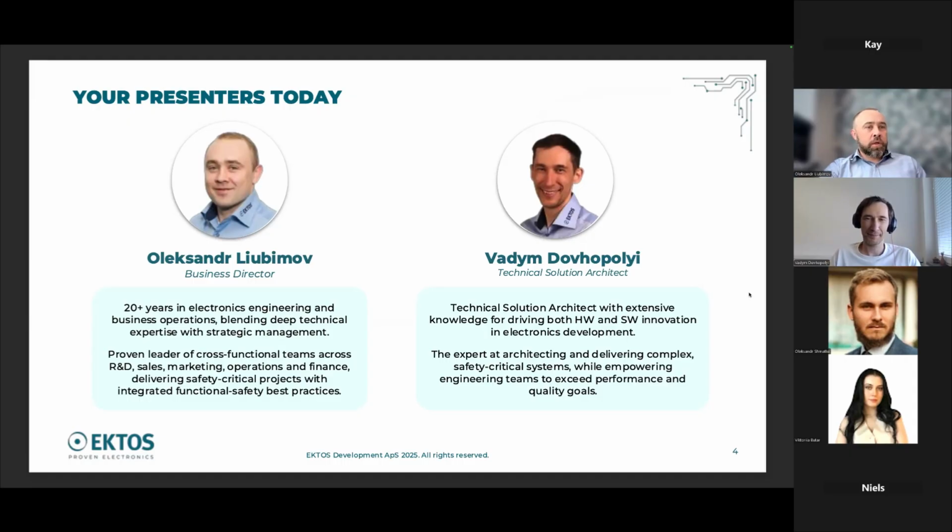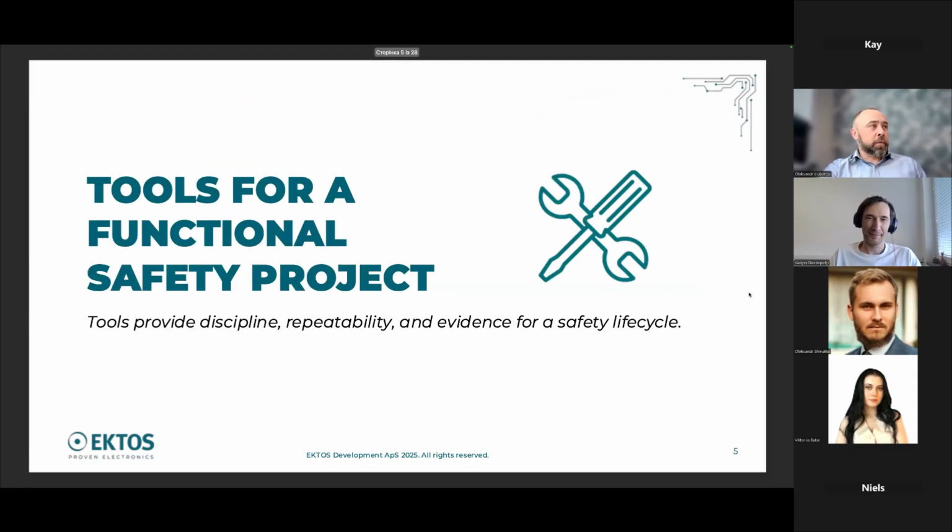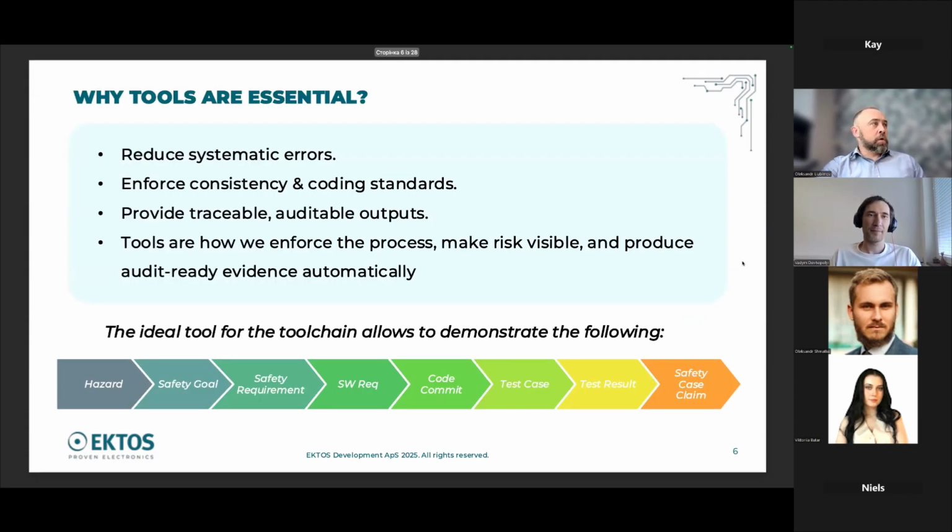So let's get started. The first part we're going to talk about is tools for functional safety projects, and why we need those tools. First of all, I would want to say that tools are super important and essential for functional safety projects.